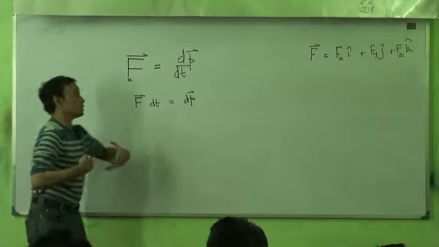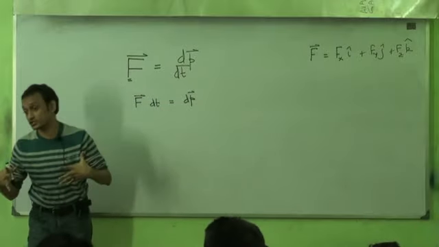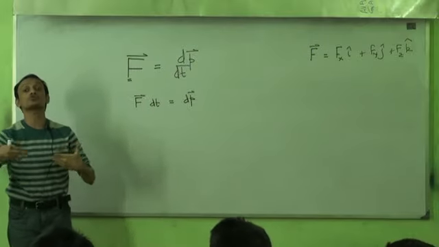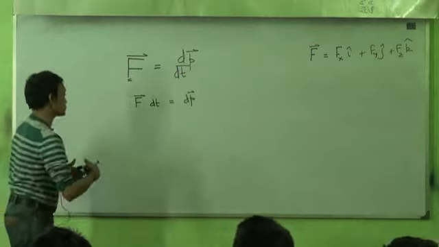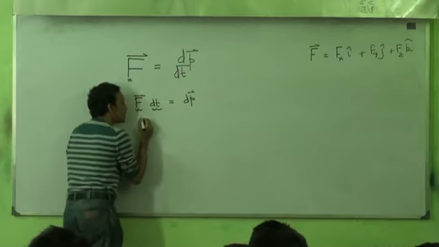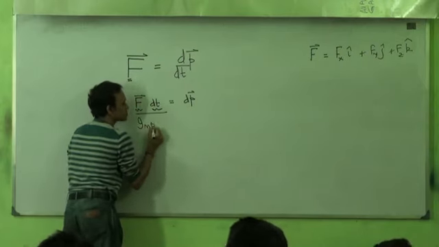Net external unbalanced force acting for a certain time is going to produce change in linear momentum in the direction of the force. And this F into dt is referred to as an impulse of the force.